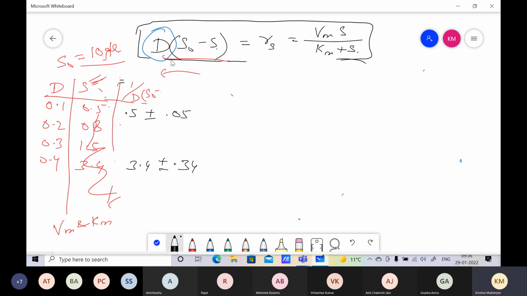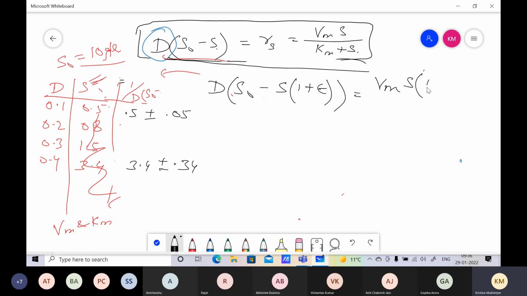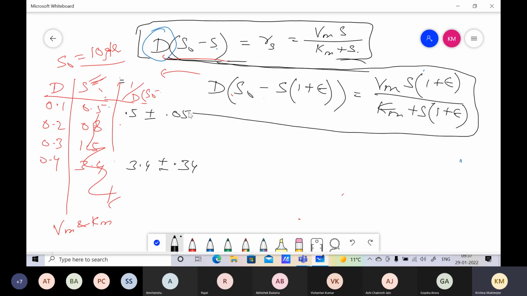In which case, in this equation you will write D(S0 minus S), because S0 has no error, as D(S0 minus S(1 plus E)). And here you will write Vmax S(1 plus E) upon Km plus S(1 plus E), and then do a least square fit, because of your error in measurement.